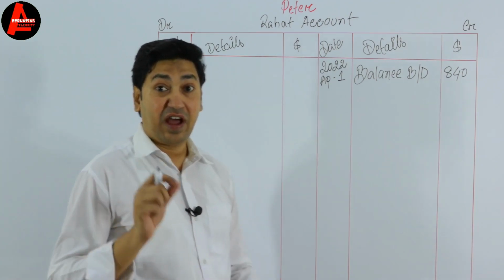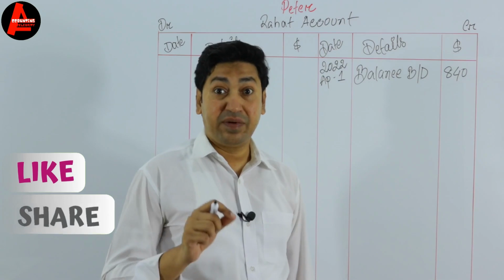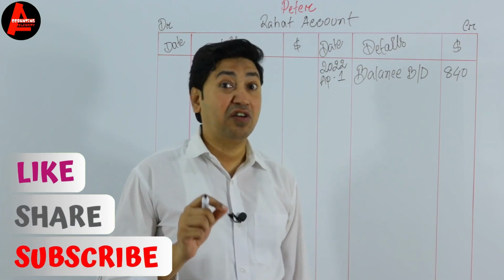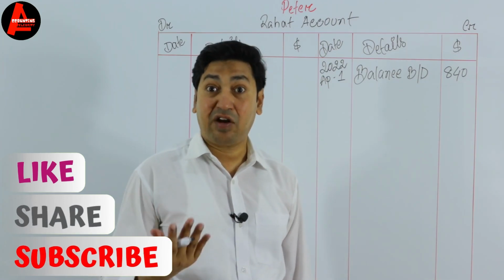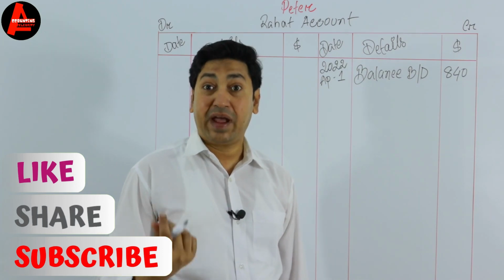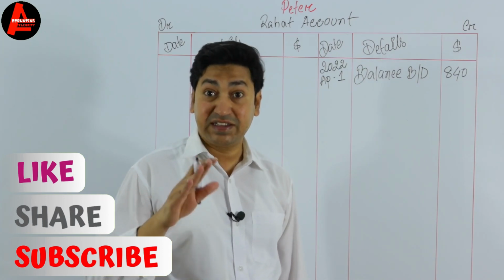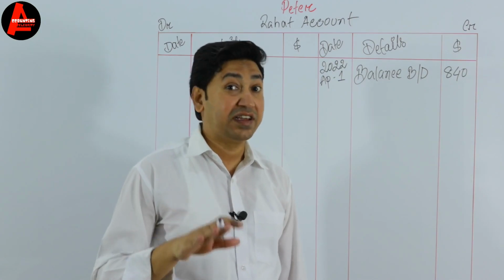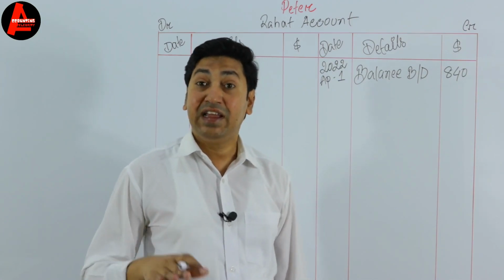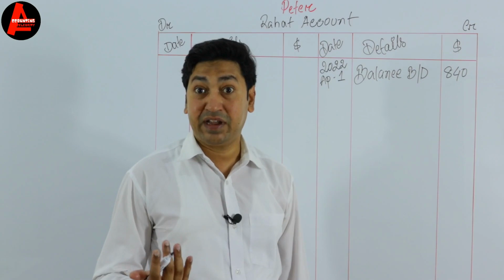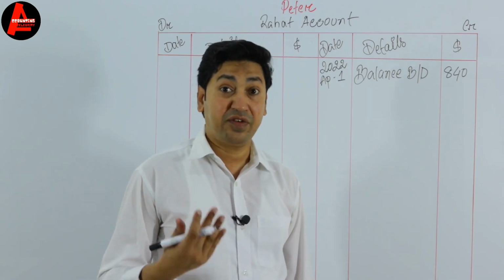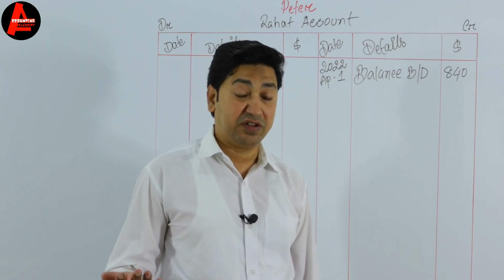Once again, Rahat is the receiver, so the receiver's account is to be debited, meaning Rahat account debited and bank account credited. Why is the bank account credited? Because the bank balance is decreasing. A decrease in an asset will be credited, an increase in an asset will be debited. These are the accounting rules. I have a video on this topic, you can check out my channel.